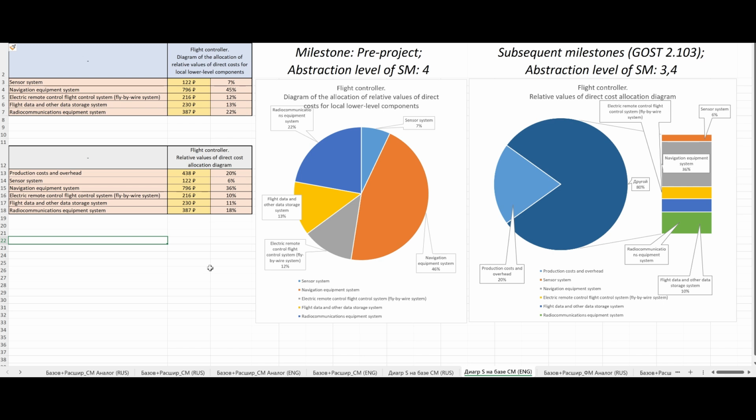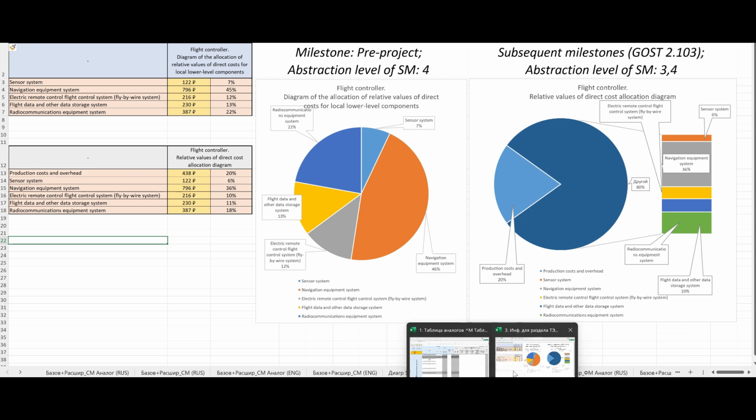Secondly, the distribution of direct cost obtained at the pre-project milestone and the conditional subsequent milestones differs in this example by 20%, which is quite consistent with real practice and shows that the direct cost targets formed at the pre-project stage can be significantly adjusted based on the result of the transition to the next milestones, which once again proves the need for design support by the cost engineering department integrated in the structure of the design engineering department, the concept of which was outlined in issue number 2 of our theoretical course.